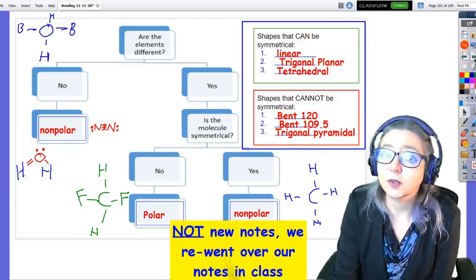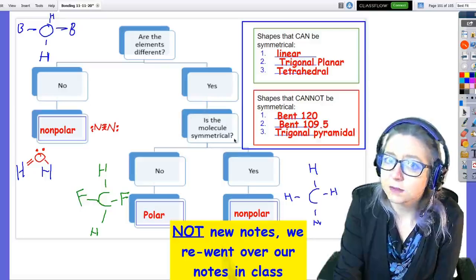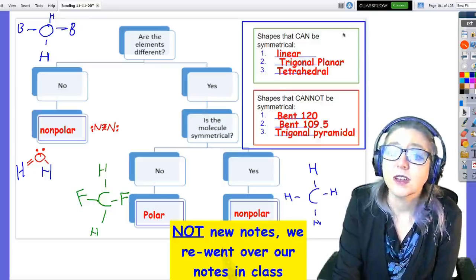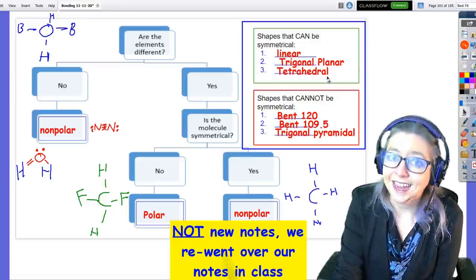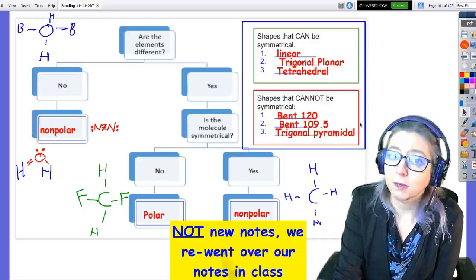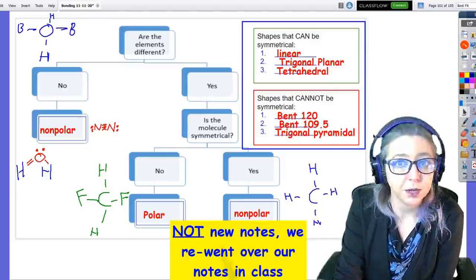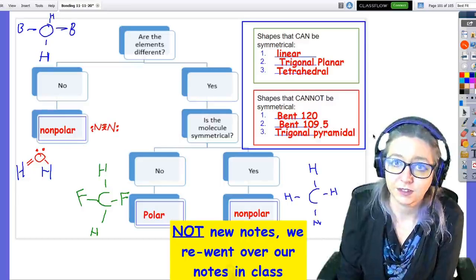So if there's more than one element in the compound, is your molecule symmetrical? So linear, trigonal planar, tetrahedral can be symmetrical. Bent 120, bent 109.5, and trigonal pyramidal can never be symmetrical because they have those lone pairs.